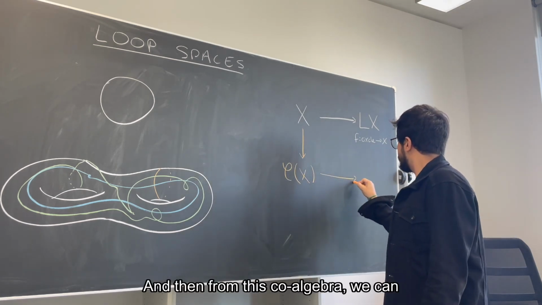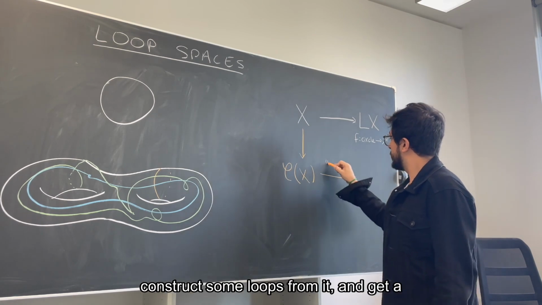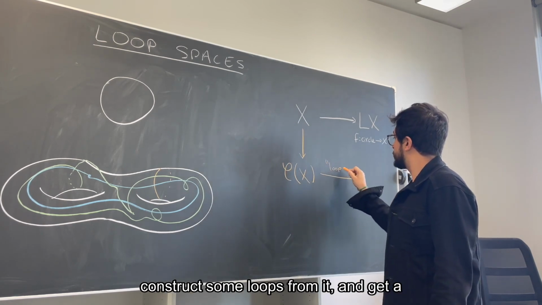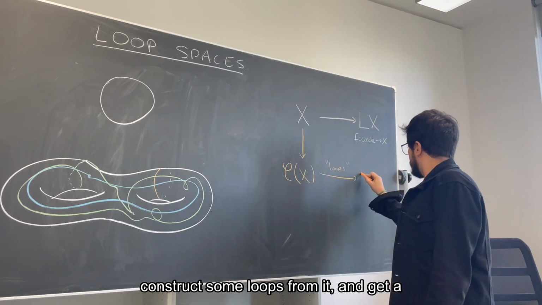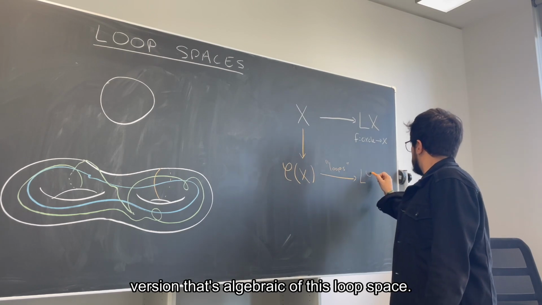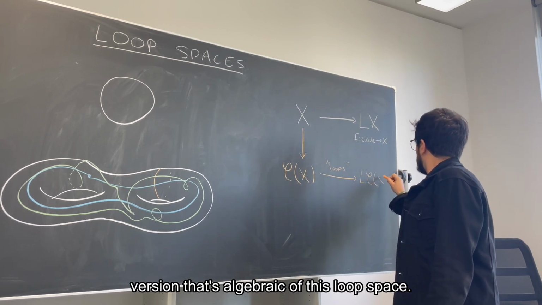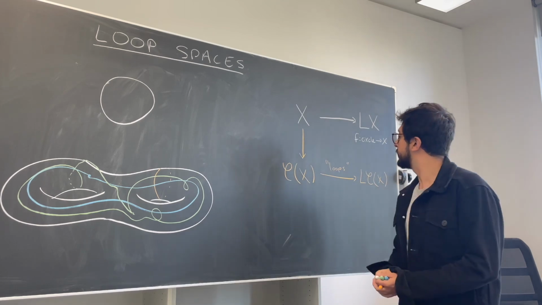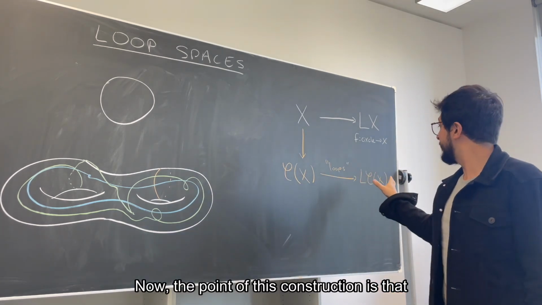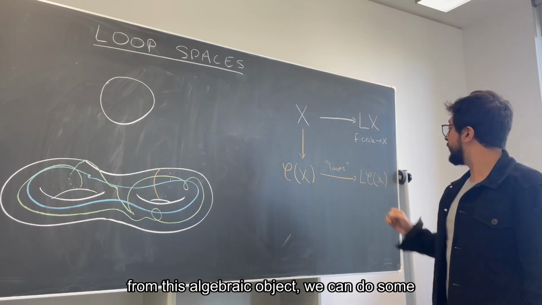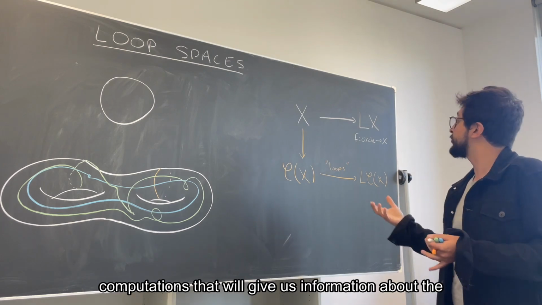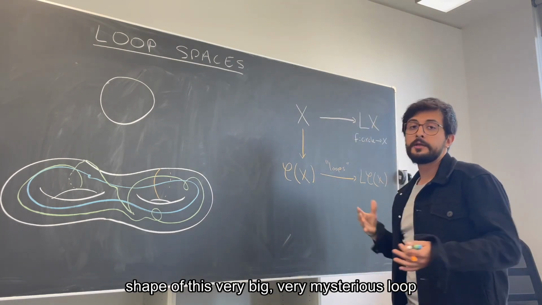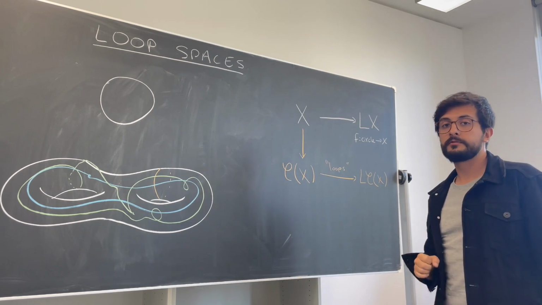And then from this coalgebra, we can construct some loops from it and get an algebraic version of this loop space. Now the point of this construction is that from this algebraic object, we can do some computations that will give us information about the shape of this very big, very mysterious loop space.